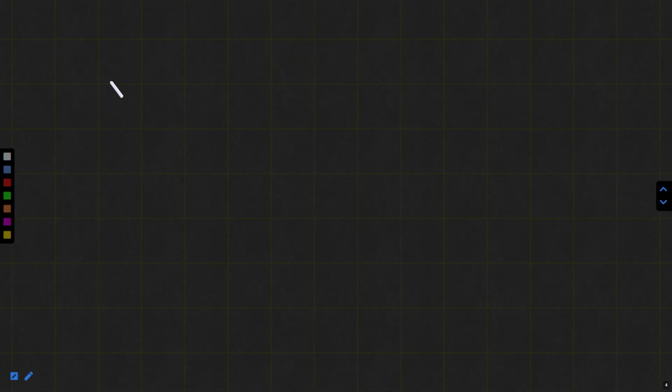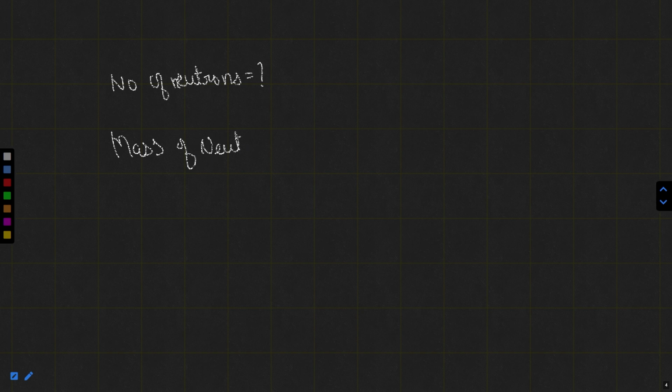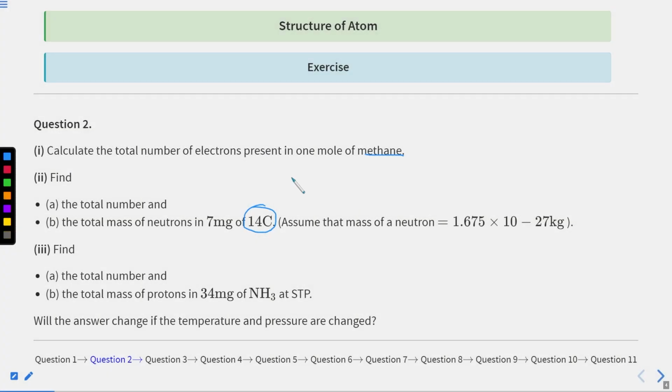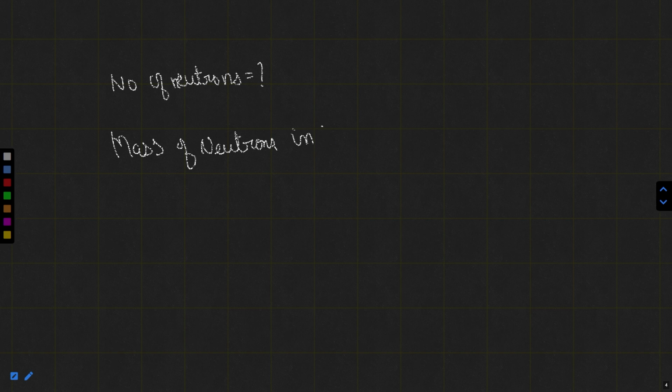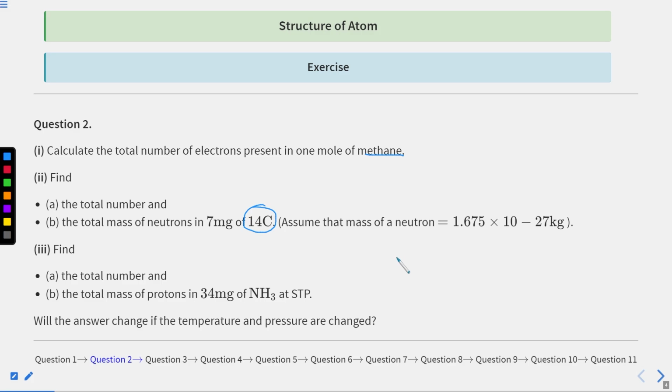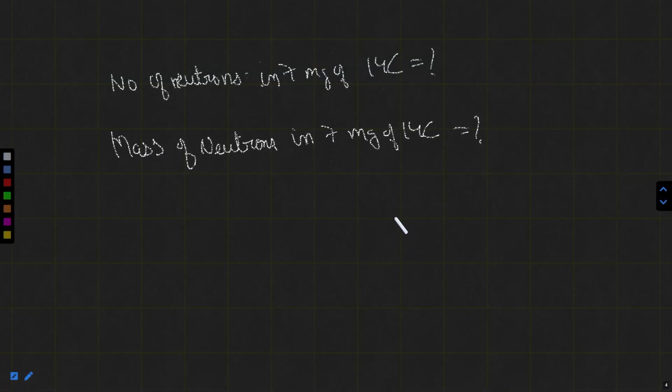You have to calculate the number of neutrons and the mass of neutrons which are present in 7 mg of 14C. So this you have to find. Got it?